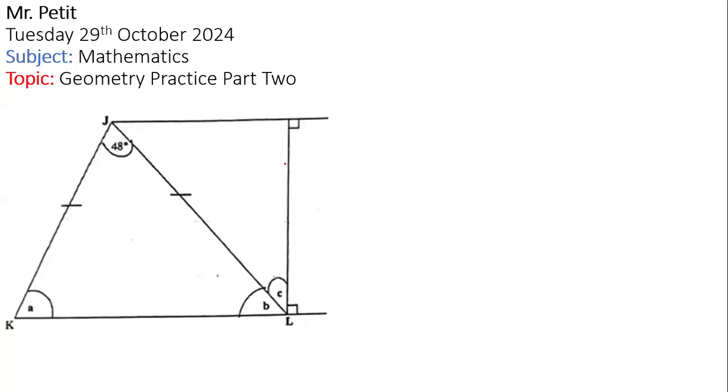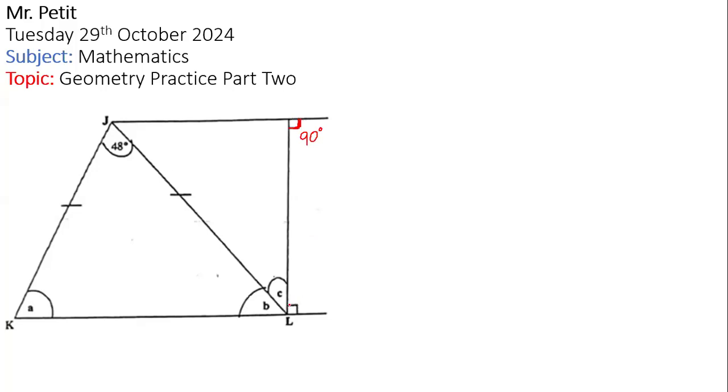I think I see a co-interior angle. I think you see a co-interior angle. My question is, I see a right angle on the screen. What is this? How many degrees is this? 90 degrees. Very good. How about this one?